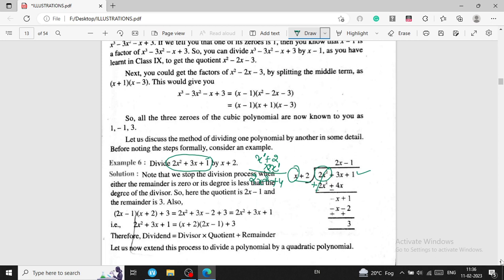Minus 4 plus 3 is minus 1x, plus 1. Now you only need the minus symbol because x is already given. So minus 1 multiplied by this divisor value, and we will find minus x minus 2, and minus changes into plus, minus changes into plus. This will cancel, and plus 2 plus 1 is 3. This is your remainder, this is your quotient.